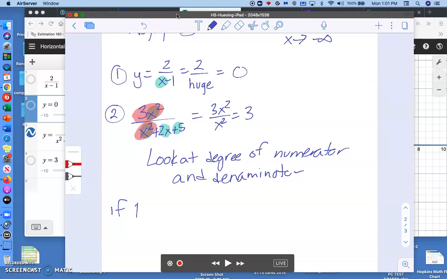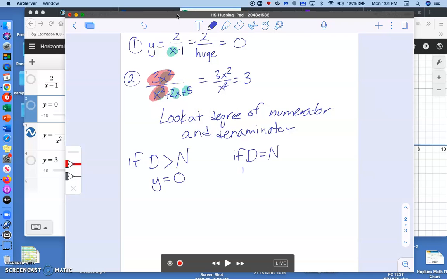If the degree of the denominator is greater than the numerator, it's at y equals 0. If the degree of the numerator equals the denominator, it is the leading coefficient divided by the leading coefficient. So it's those numbers out in front. And if the numerator is greater, then it's what's called a slant. But we're only going to work with these 2 cases.